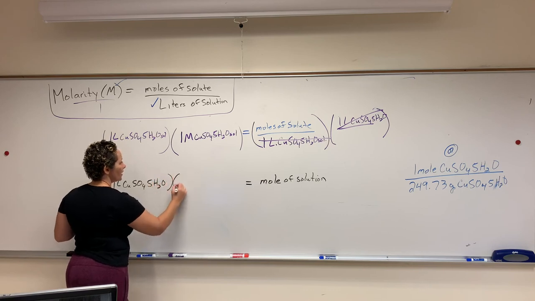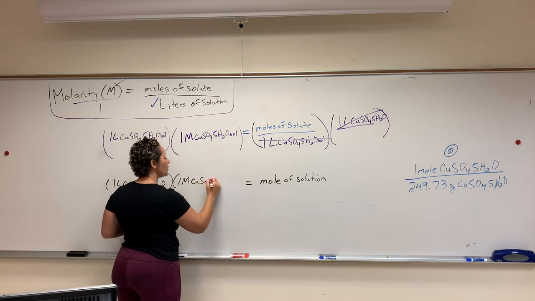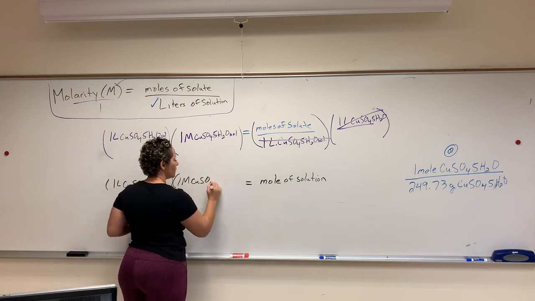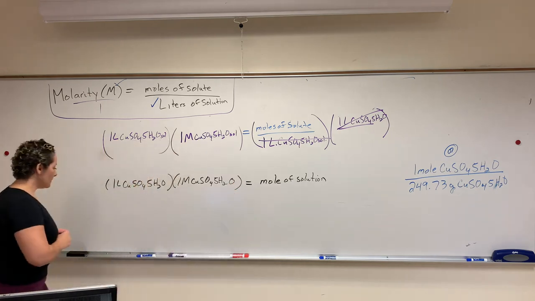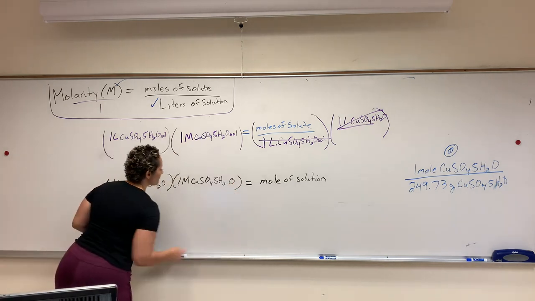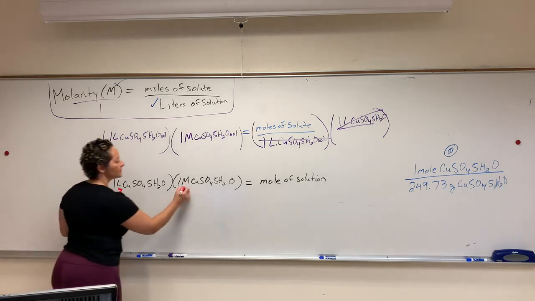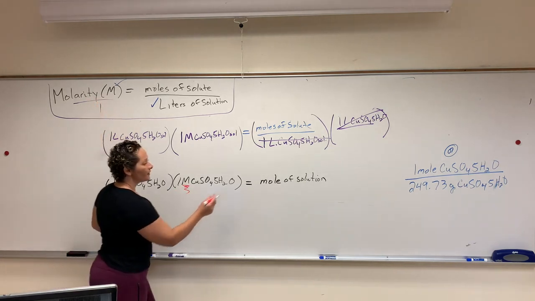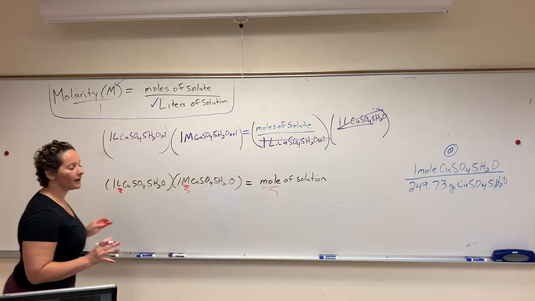And I need to show you a trick. We got 1 molarity CuSO4·5H2O. So looking at my labels, this is liters, this is molarity, this is moles. None of them match, okay?